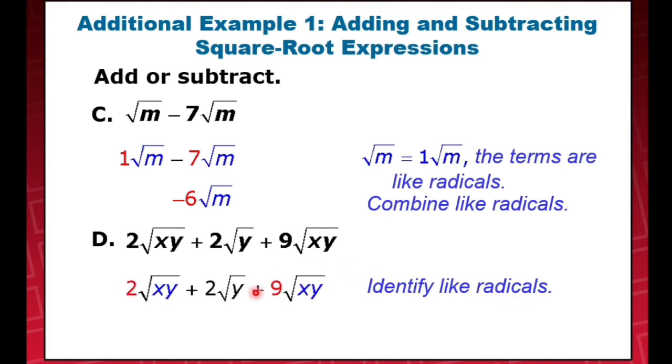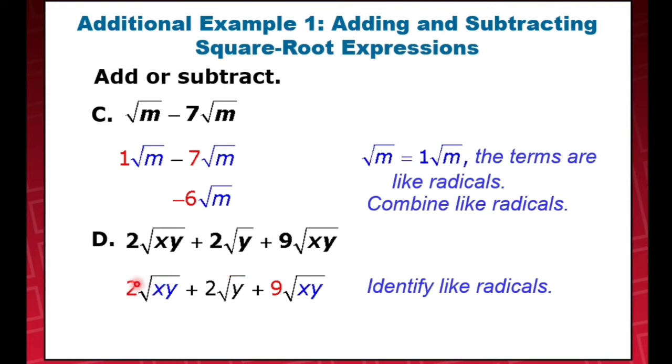Okay, as you can see here, 2 square root of xy and 9 square root of xy are like radicals because they have a common radicand and index, while 2 square root of y is different from the two of them.